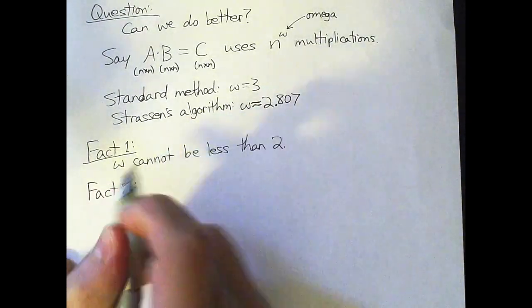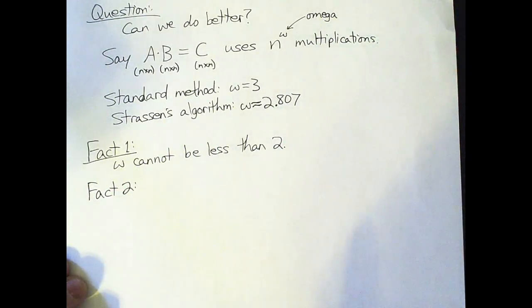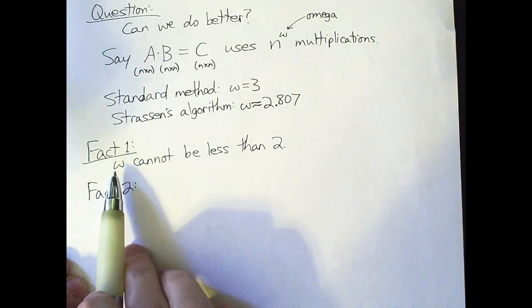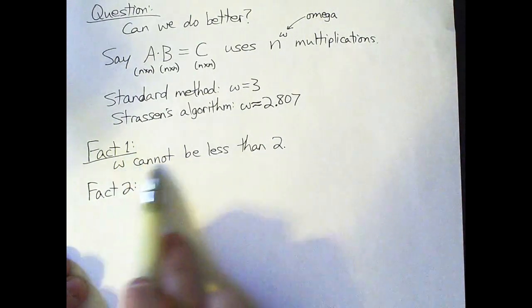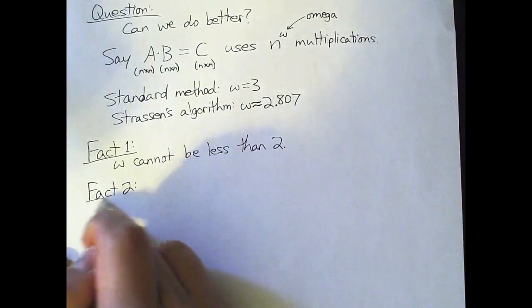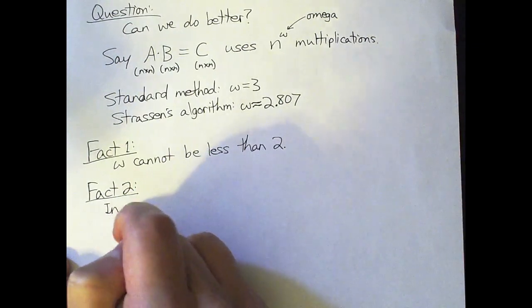I'm not saying that omega equals 2 and that there's a method that does this with omega equals 2. I'm just telling you that if people keep searching for better algorithms, you'll never find one where omega is less than 2.